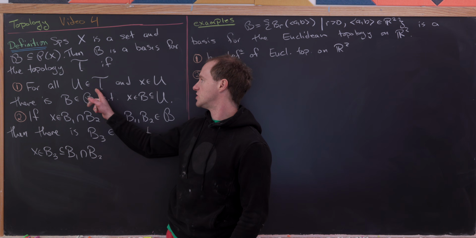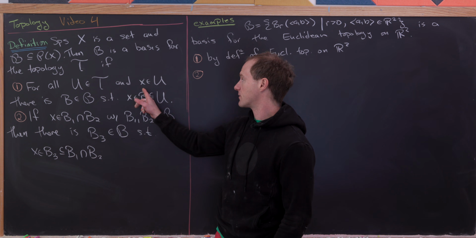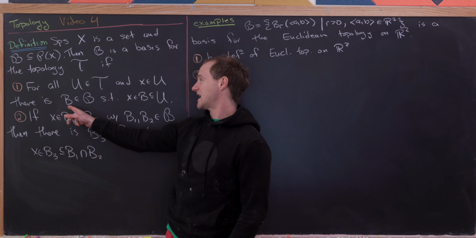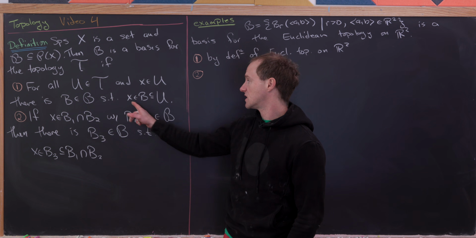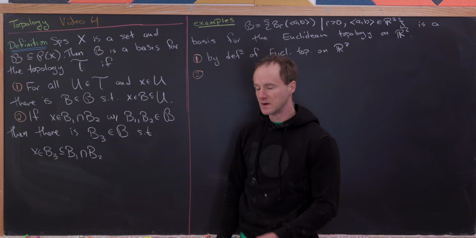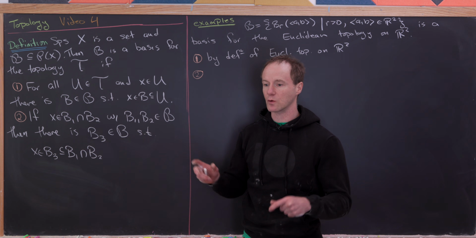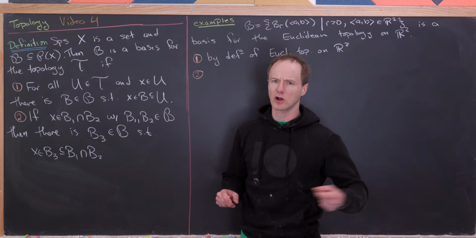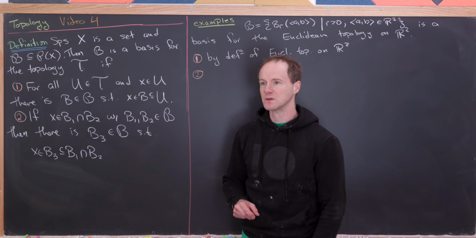So if you've got a set U in T, so in other words, U is an open set, and you've got a point x in U, then there's a set B in the collection calligraphic B such that x is an element of B, which is a subset of U. So in other words, you can always get one of your basis sets inside of any open set, but you can also get any point you want inside of that basis set.